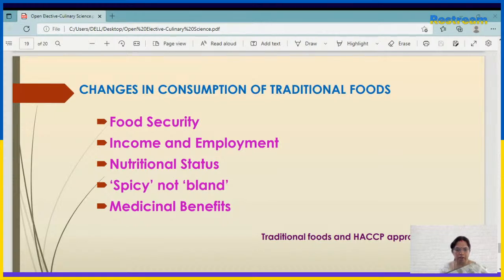If you are consuming food in the right pattern, in the right form, then definitely it is of medicinal value. And sometimes traditional foods also require HACCP, that is hazard analysis and critical control point, where it is declared that food is free of any problems and is free to eat.